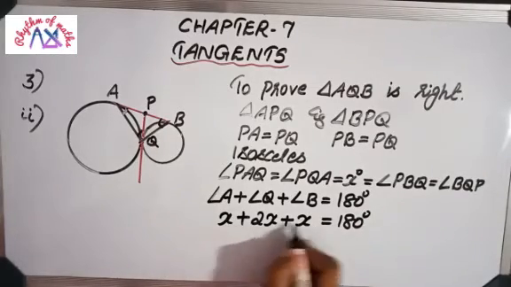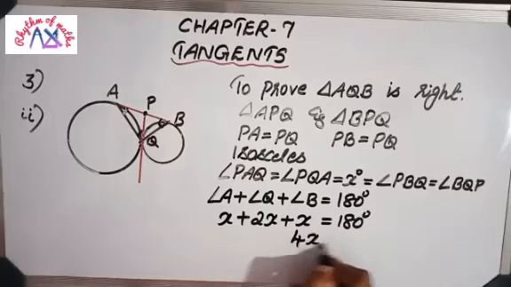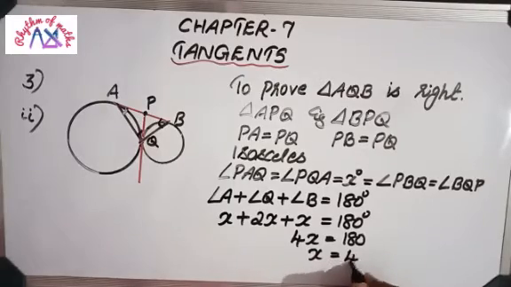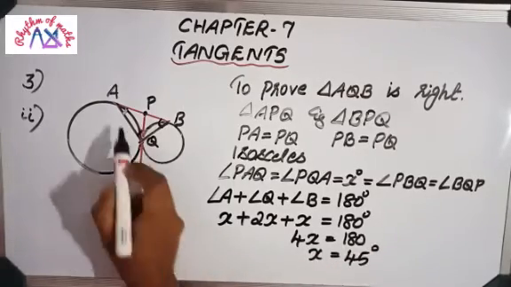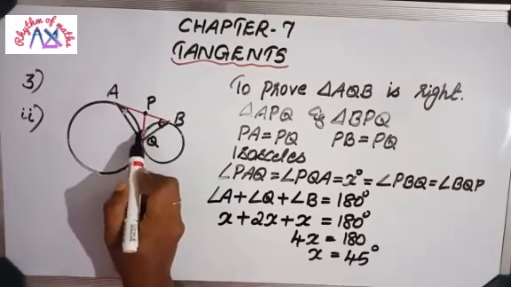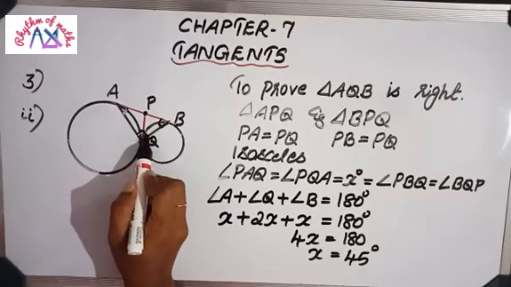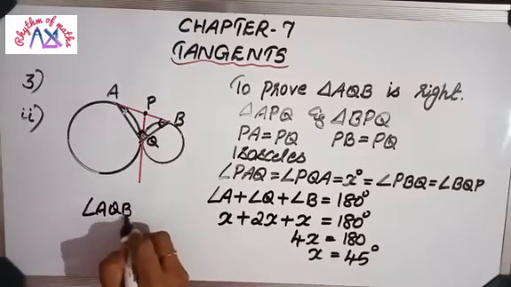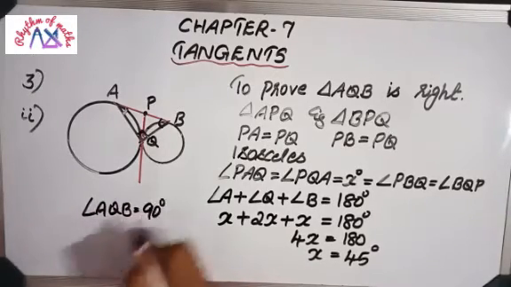So total 4x equal to 180 degrees. That means x is equal to what? 180 by 4, that is 45 degrees. So these two side angles are 45 degrees. Here 45, 45. So total is here 90 degrees. So angle AQB equal to 90 degrees.